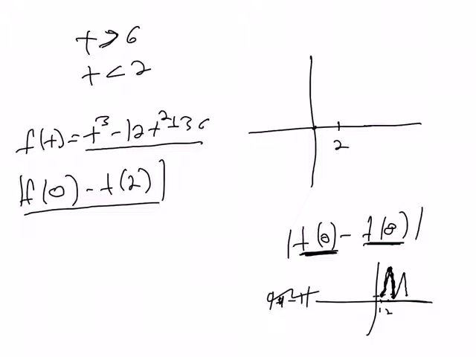So this is when we're moving forward, and we calculate what this is. When we have f of 0, we're going to have 36, the absolute value of 36 minus, and for f of 2, we're going to have 8 minus 4 times 12. Let me just put it in a calculator. And we have 4 times 12, which is 48.